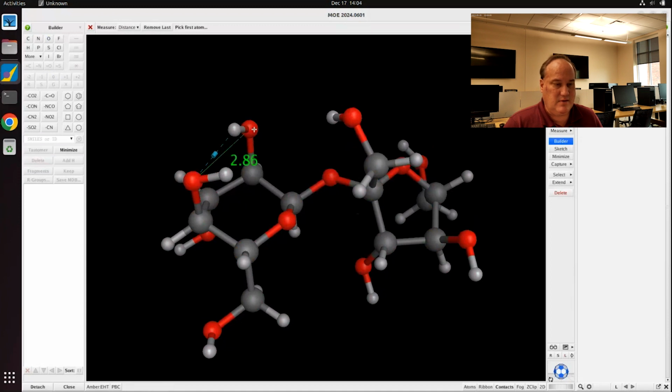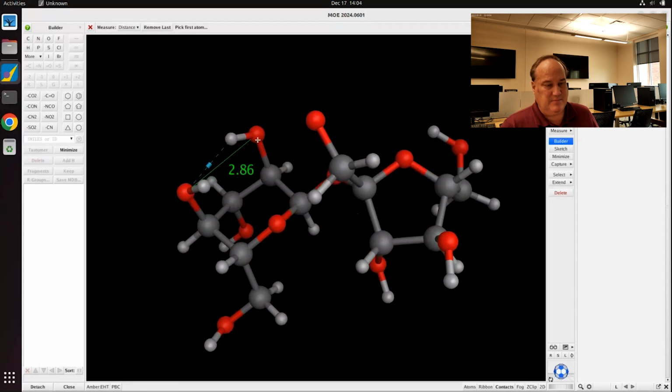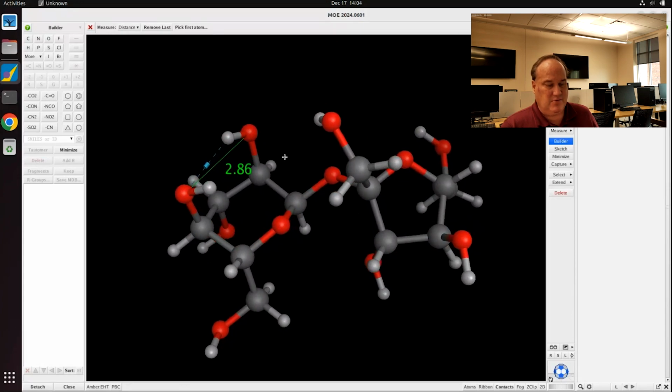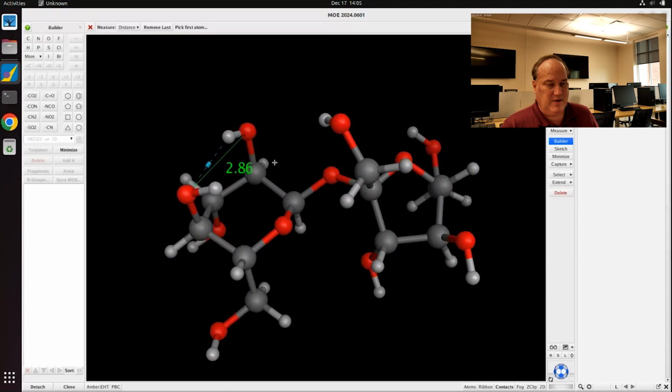That's what I was doing. There we go. There's our distance. So I've measured the heavy atom to heavy atom distance. That's 2.6 angstroms. Any hydrogen bond should be less than 3 angstroms from heavy atom to heavy atom. We never measure the hydrogens, and that's an artifact from X-ray crystallography, as crystallographers do not see hydrogens.